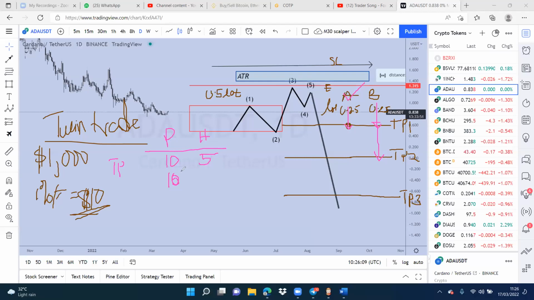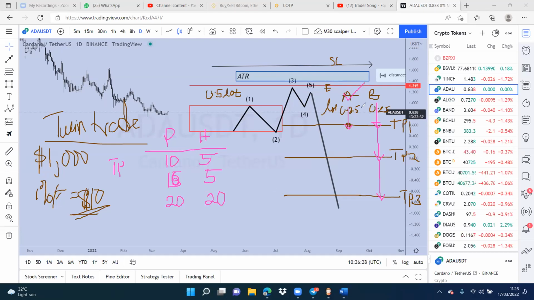Or $15 in total, having harvested $5. But we have only harvested still $5. When it moves to this point, it will hit TP. So on paper, we'll have $20, and then we would have harvested $20 too, right?